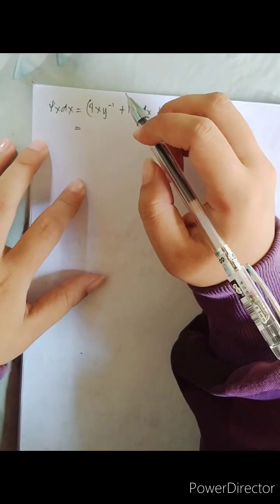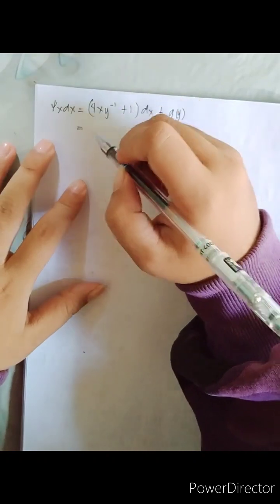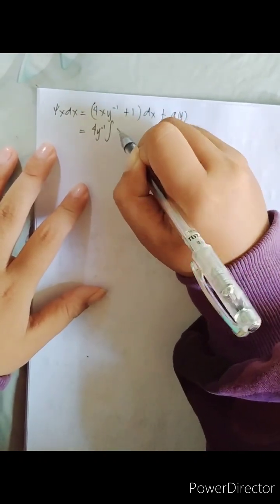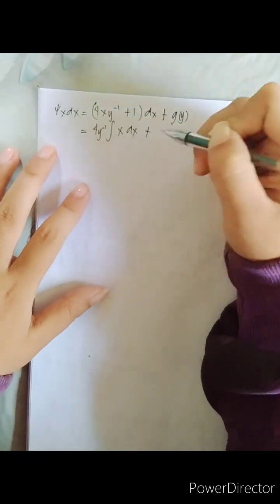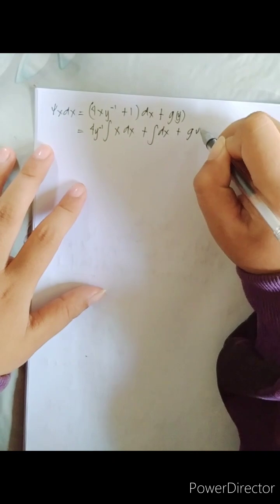Factor out the constant variable and the constant number, which is 4y raised to negative 1 times the integration of x dx, plus the integration of dx, plus g of y.